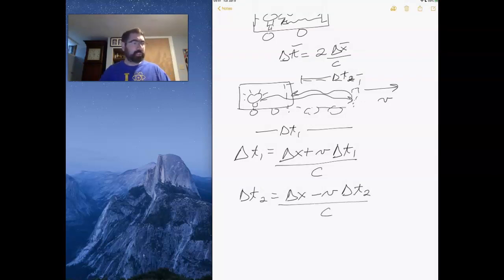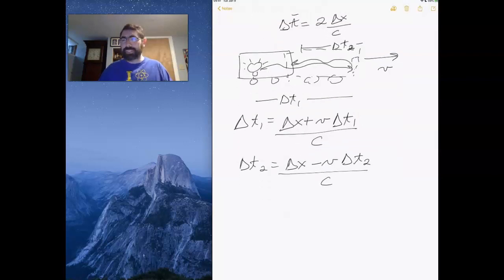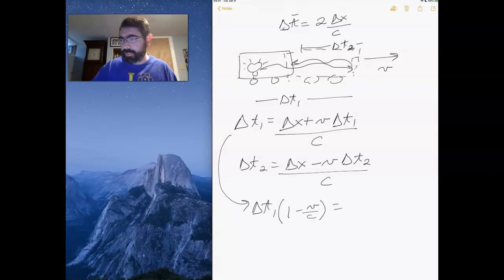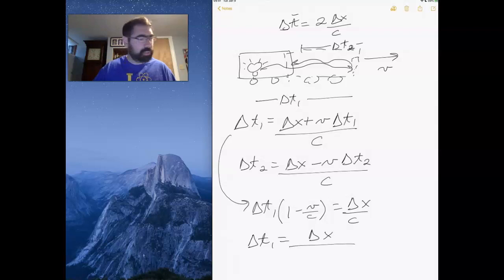Okay, so now what we can do is just solve for delta t's. If I go down here, delta t1 times 1 minus v over c is equal to delta x over c, which means that delta t1 is delta x over c minus v.